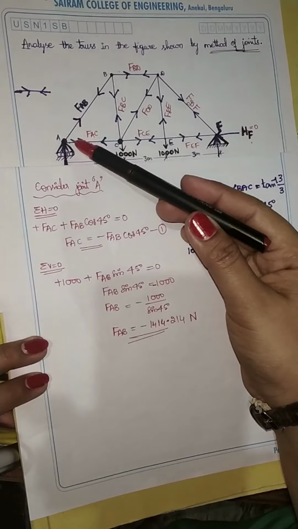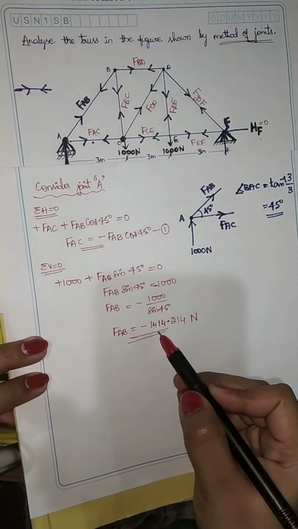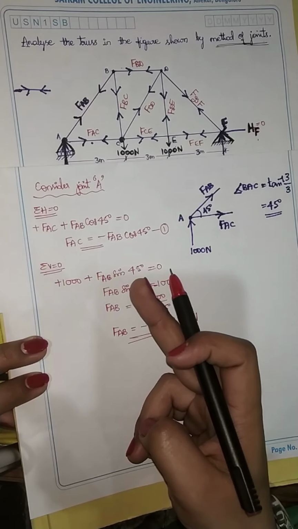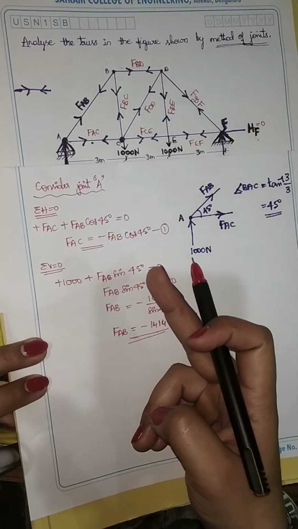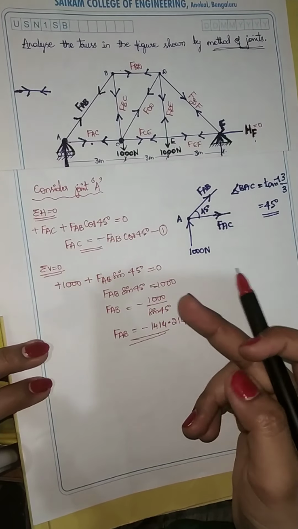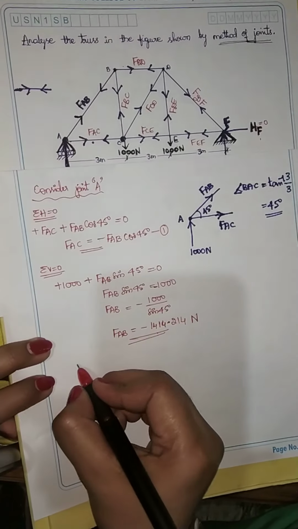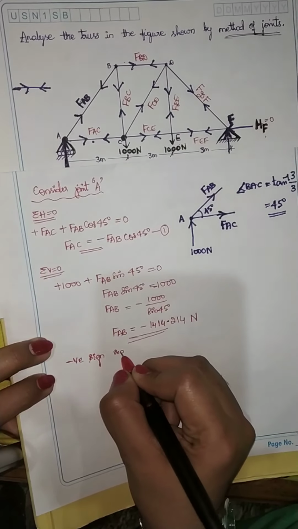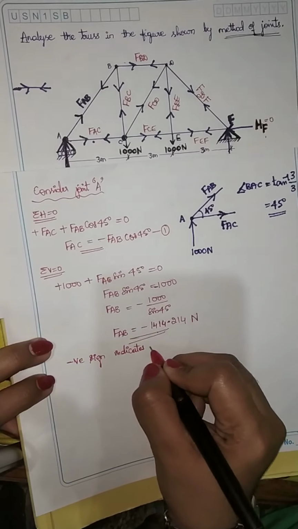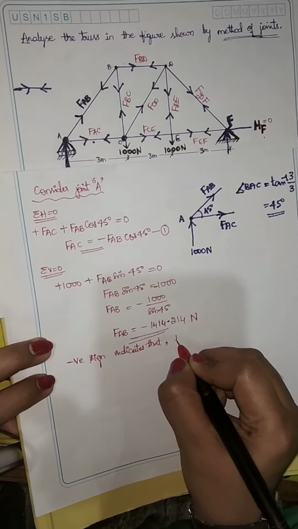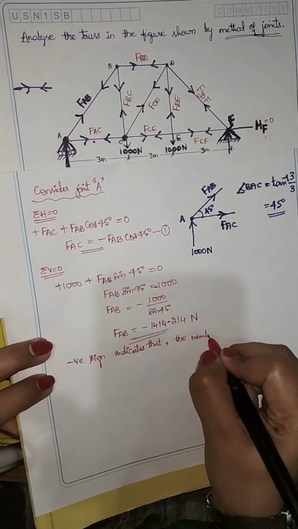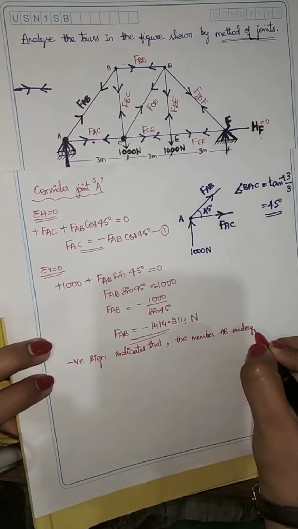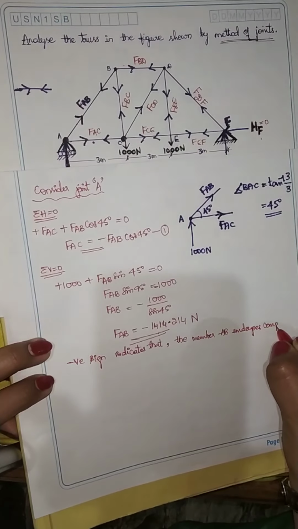See guys, FAB we assumed as tension, but you got the minus sign, right? The negative sign indicates that the assumed tension is wrong. So the member AB undergoes compression. You have to write the statement: the negative sign indicates that the member AB undergoes compression.